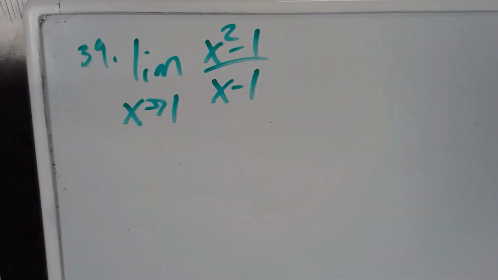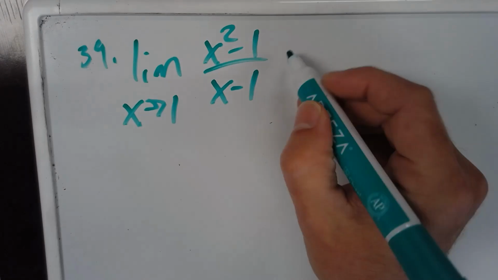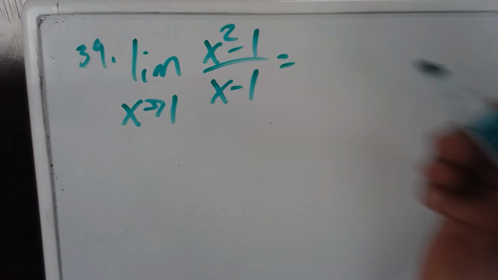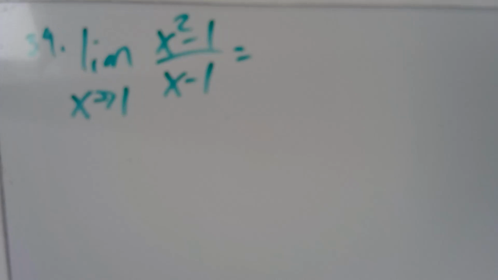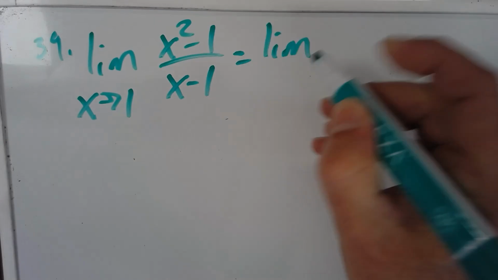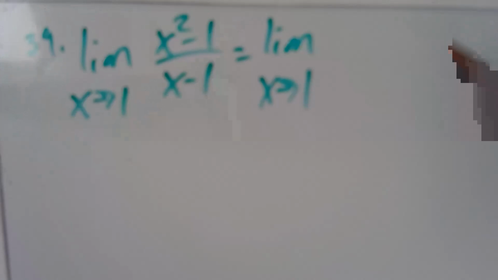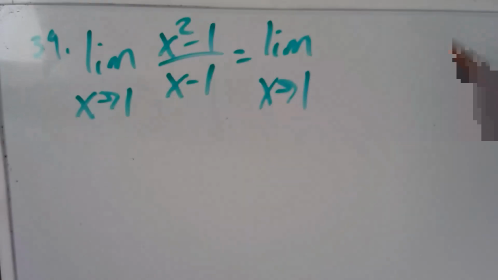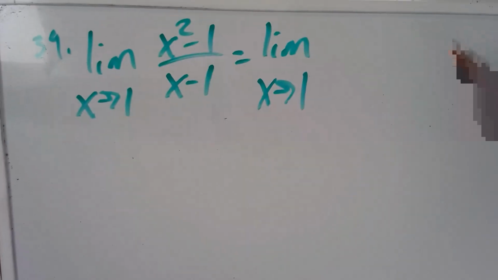So I'm going to say this. Try not to get sloppy with what you're writing, okay? I know it's easy to not rewrite the limit as x approaches 1, but I suggest that you do, because you're going to end up losing stuff later.